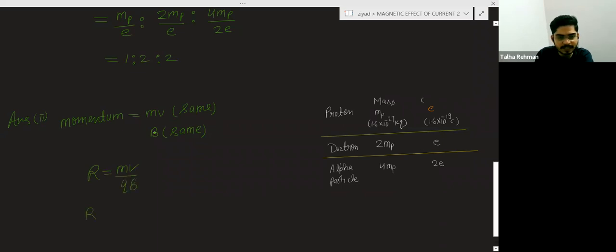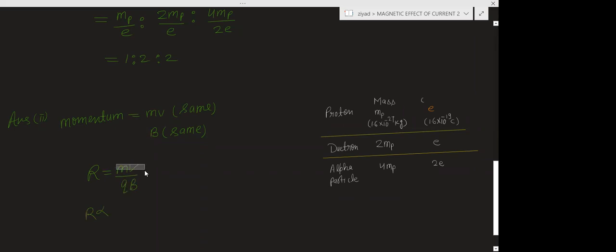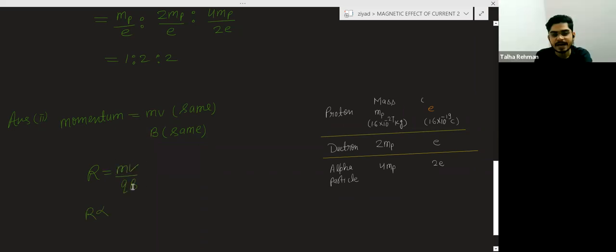So you can say the radius will depend only upon the charge, because this mv will be the same for the three particles and the magnetic field will be the same for the three particles. So you will write 1 upon q.